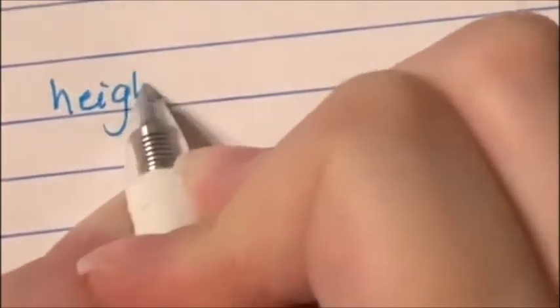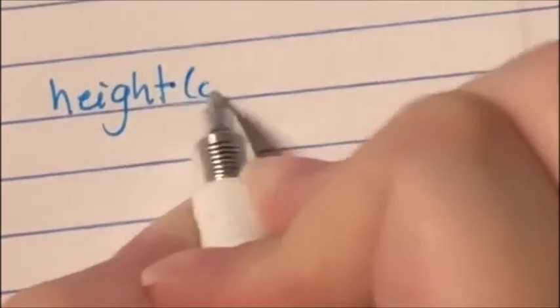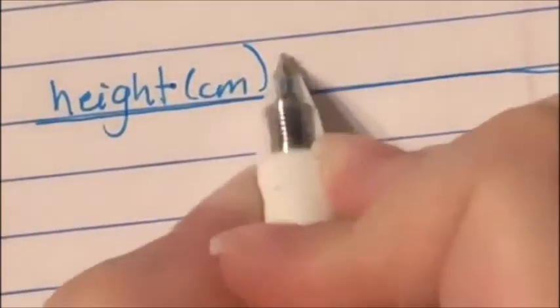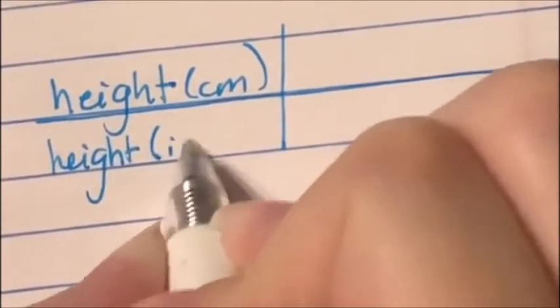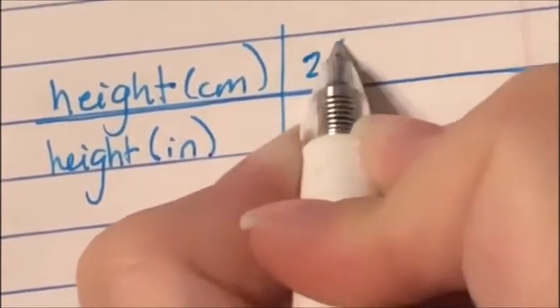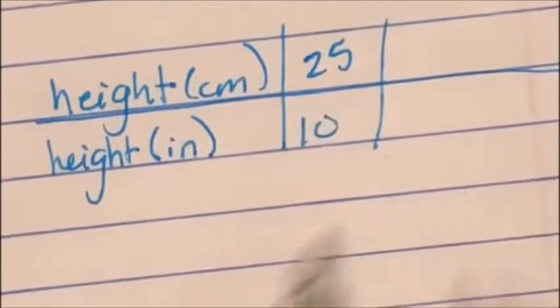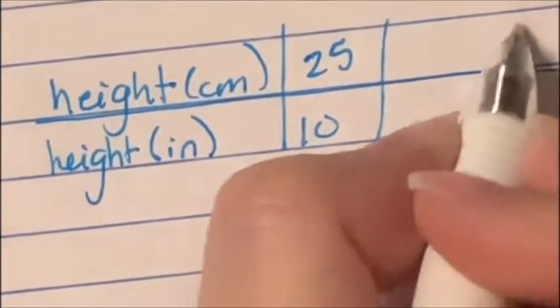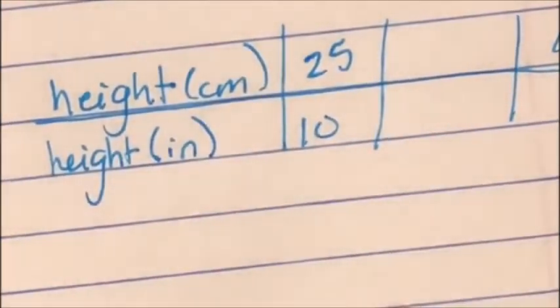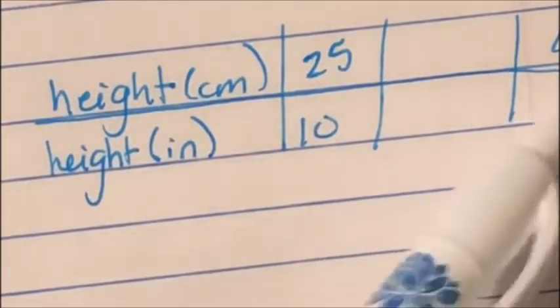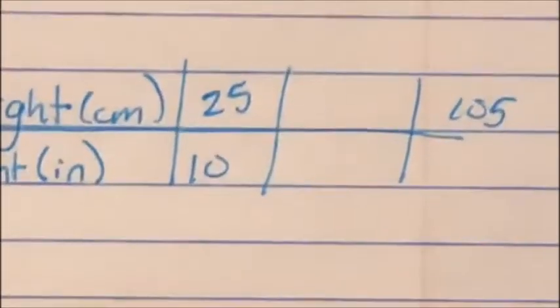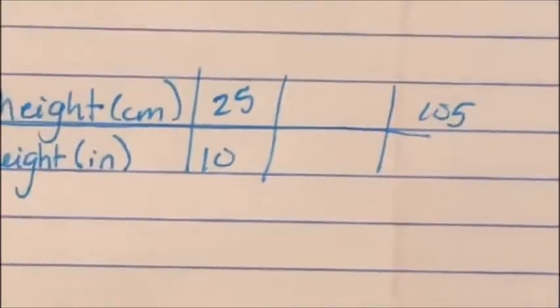So I have height in centimeters over height in inches. We said 25 centimeters to 10 inches, and I want to get to 105, right? So I know 105, can't see that, I'm sorry. Okay, I know 105.